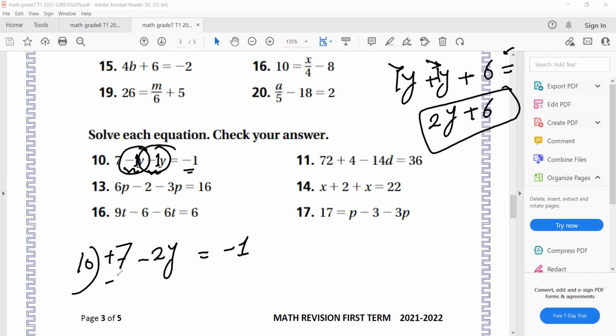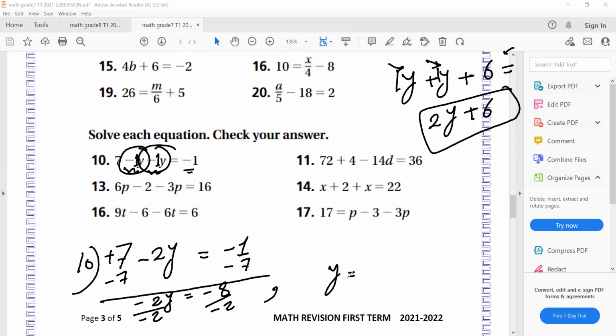Here plus 7, minus 7 in both sides. Negative 2y equals negative 8. Divide by minus 2, divide by minus 2. Negative divided by negative equals what?